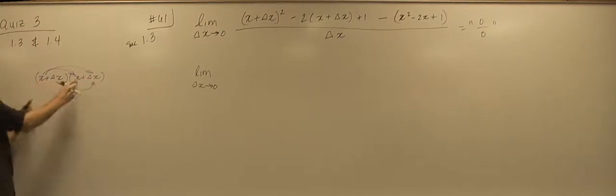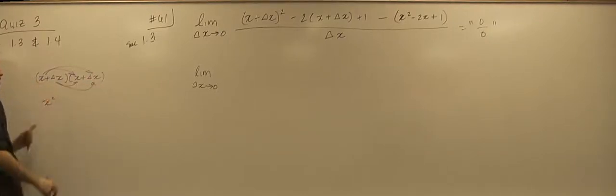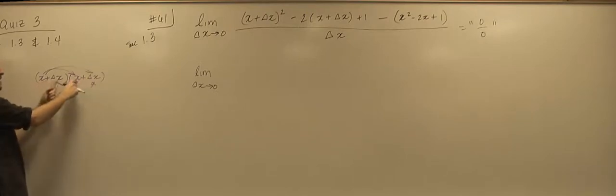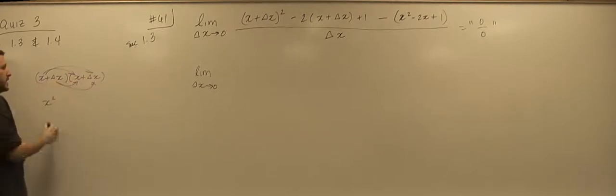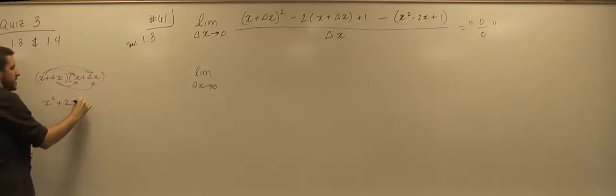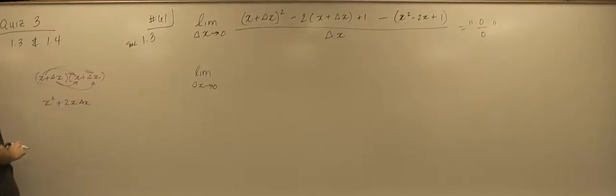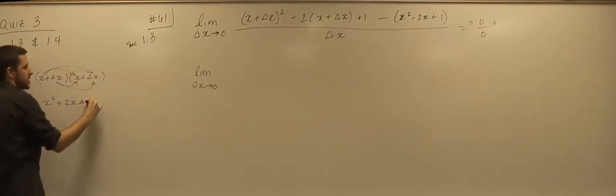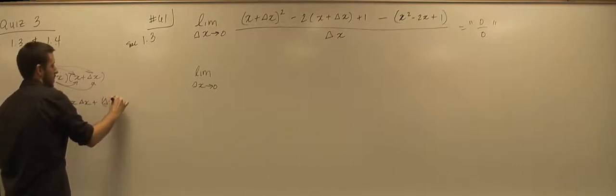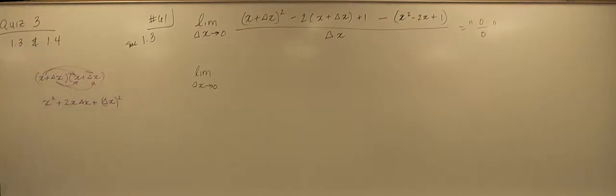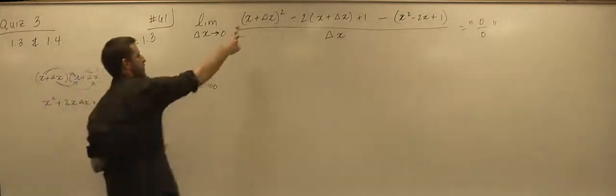So you'll do x times x, which is x squared, x times delta x, but then x times delta x again, so 2x delta x, and then delta x times delta x, delta x squared. So that's what I get from this guy.